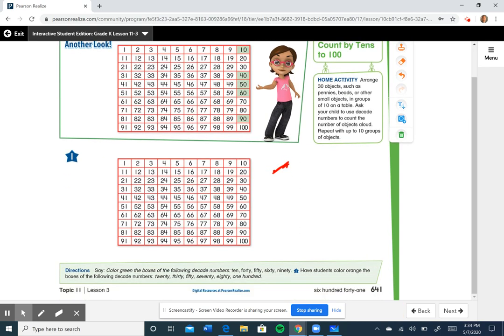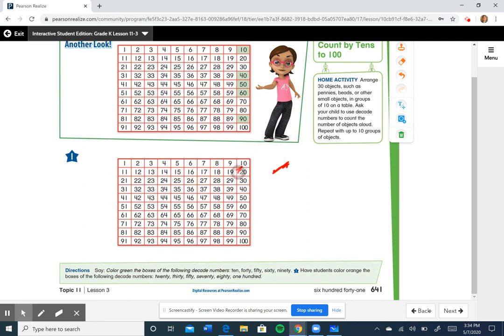So you need to color the following numbers orange that are decade numbers. Ready? 20, 30, 50, 70, 80, 100. So 20, 30, 50, 70, 80, and 100.